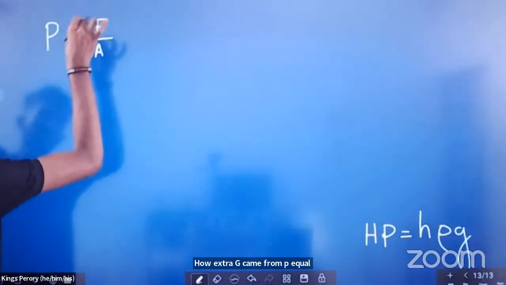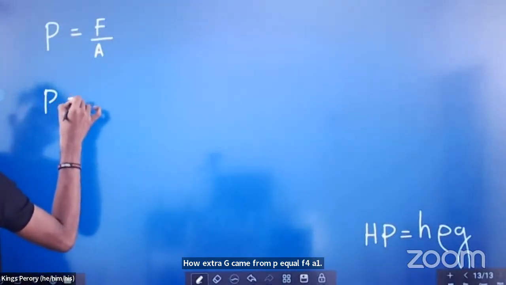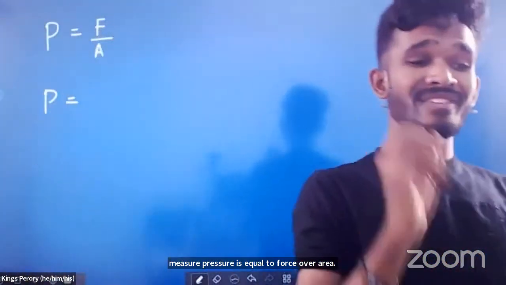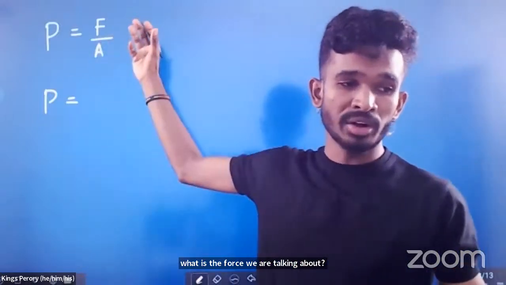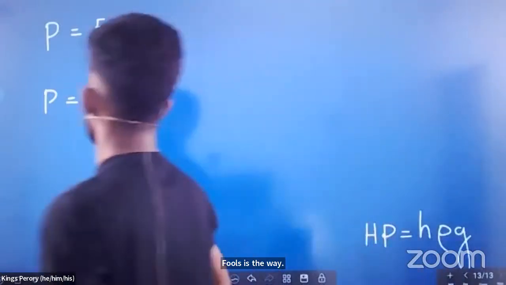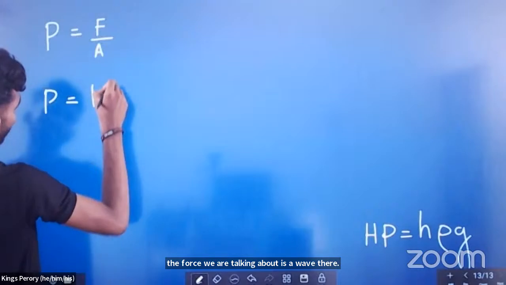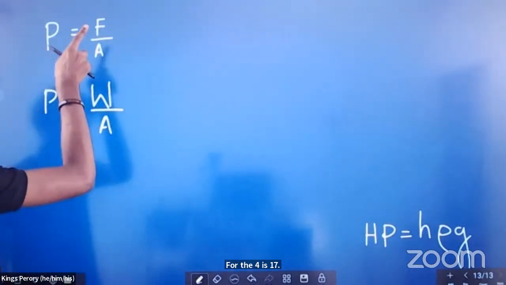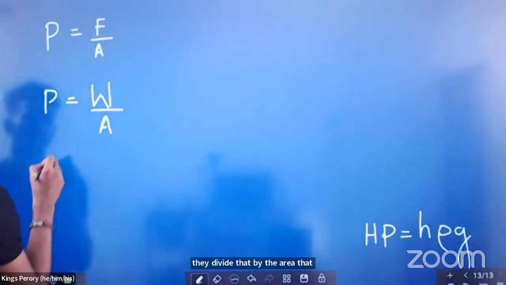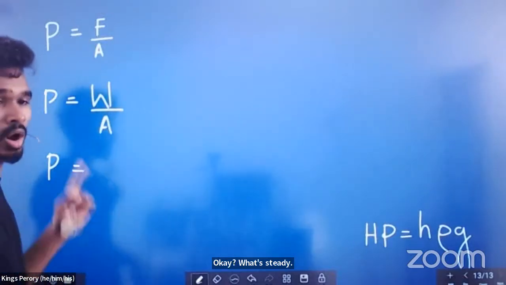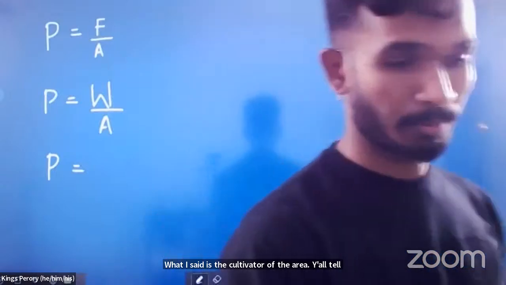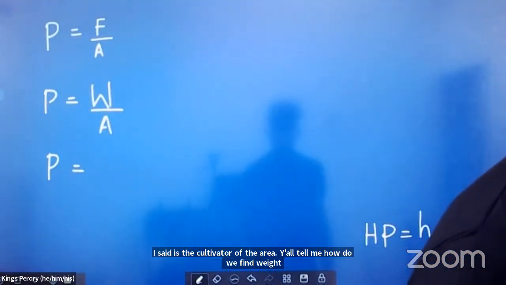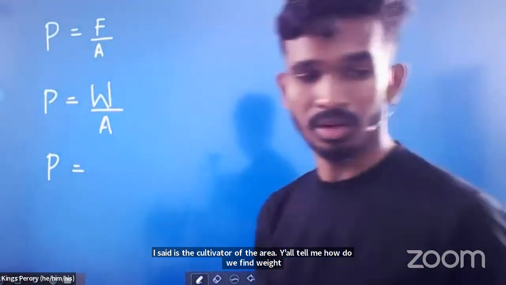Pressure is equal to force over area. What is the force we are talking about? The force is the weight. Weight divided by the area there. Correct? So pressure is equal to weight over area. You all tell me, what's the equation to find weight? mg.